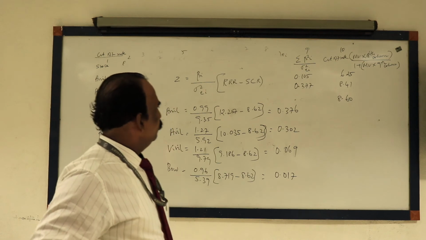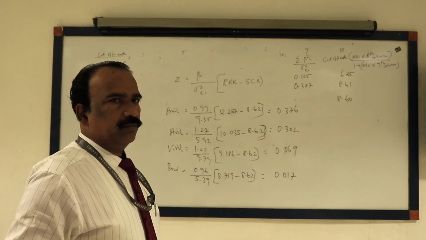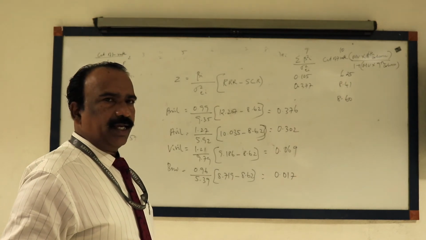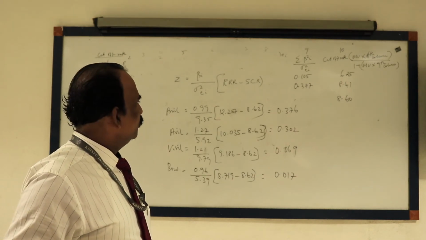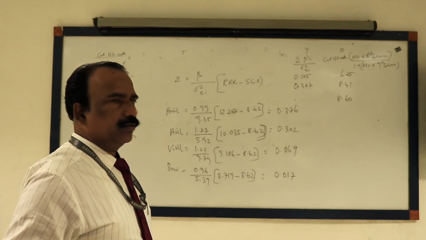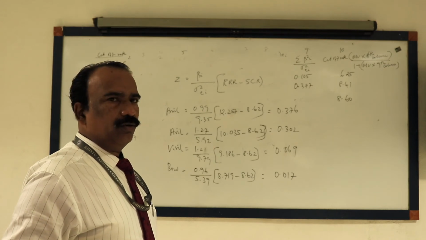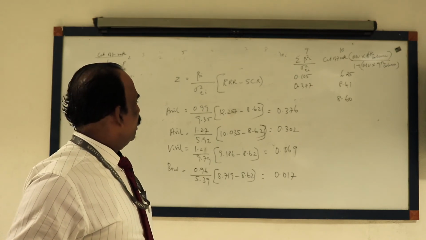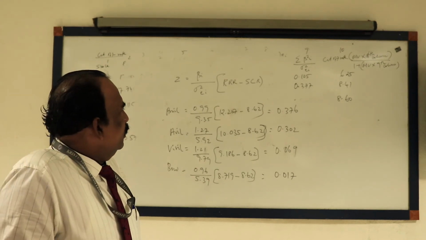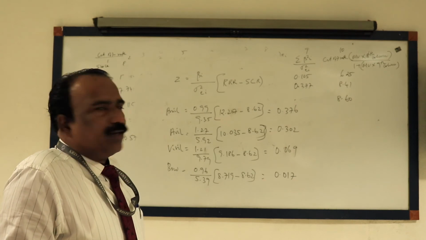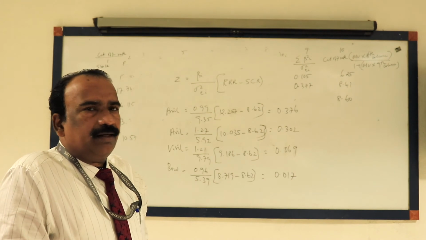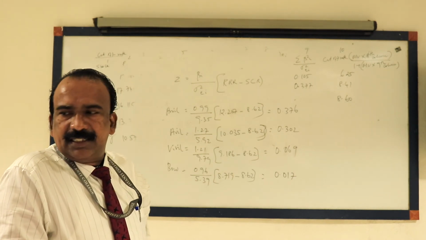First one is 0.3798. Okay, slight variation is there. The second one is 0.304. Third one is 0.070. Fourth one is 0.018. Can you check, Subhashri? First one is right, 0.376.